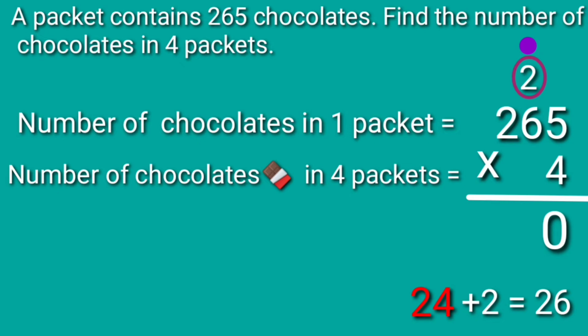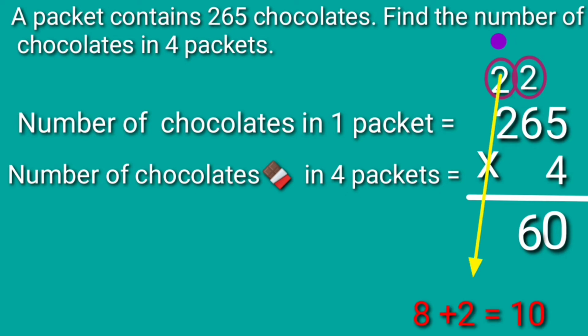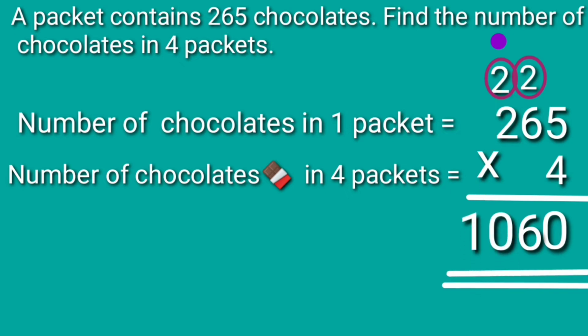Let us write this 6 under the tens place and this 2 is carry over. It goes to the hundreds place. Next, 4 by 2. Here 2 fours are 8. 8 plus this carry over 2 equals 10. 1060 chocolates are there.